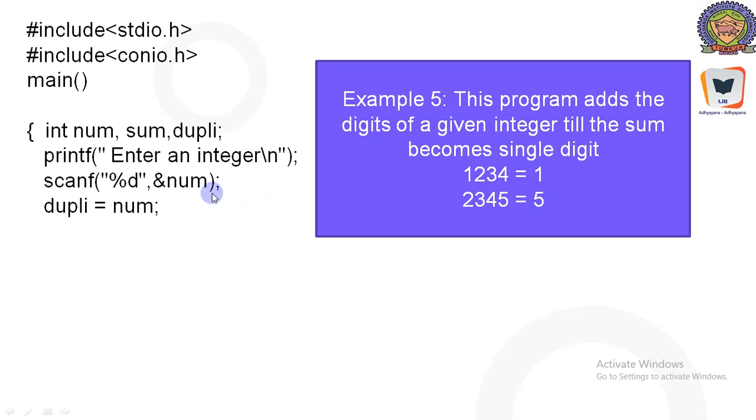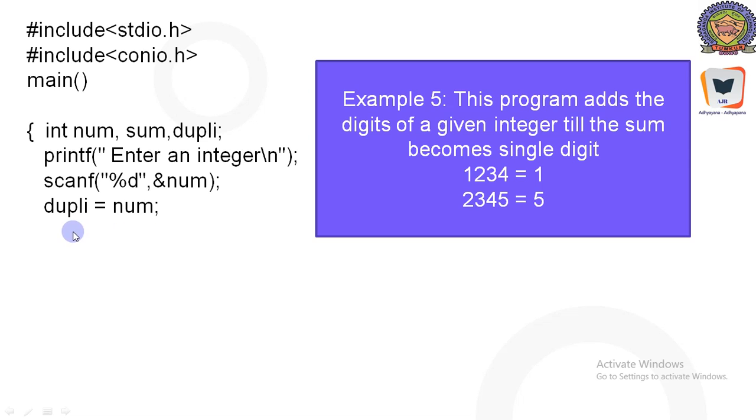Okay, the program gets executed till the sum of the digits of a given number becomes a single digit number. Now, enter an integer, scanf, you read the number, let us say 1234, and you duplicate it because we are going to lose this number. This number is successively divided by 10, and we will also do modular division. Therefore, in the melee, you are going to lose this number.